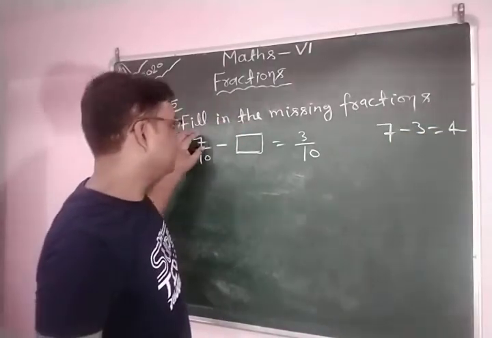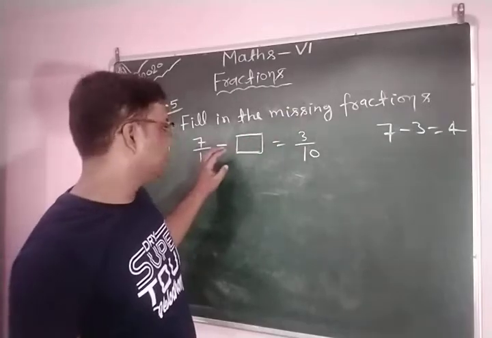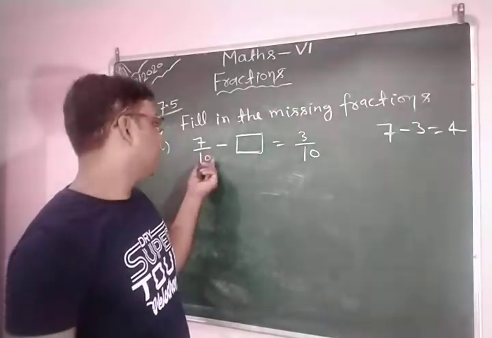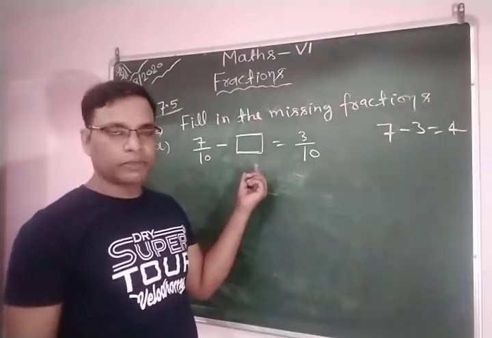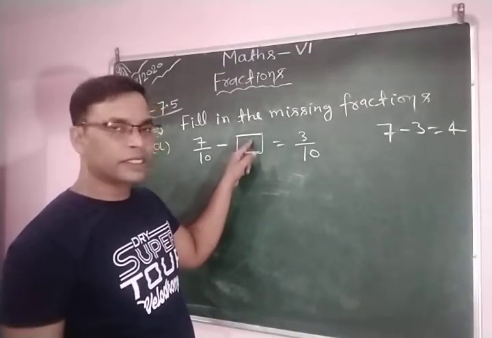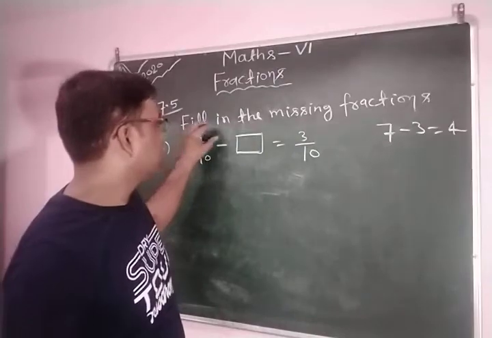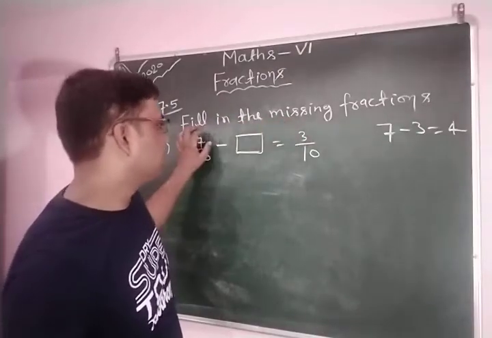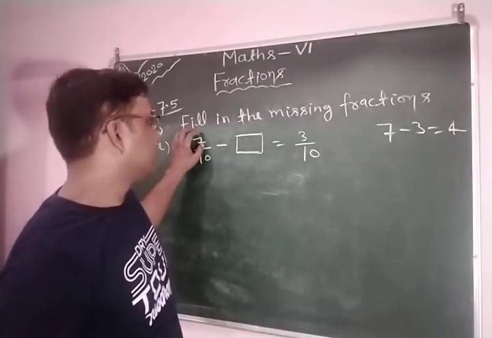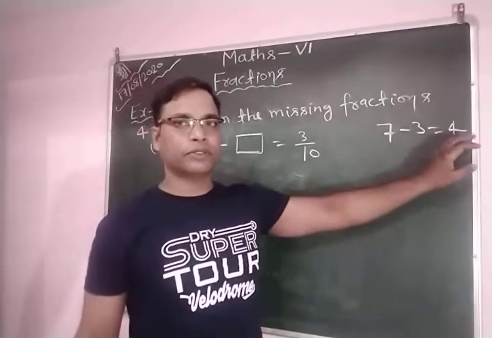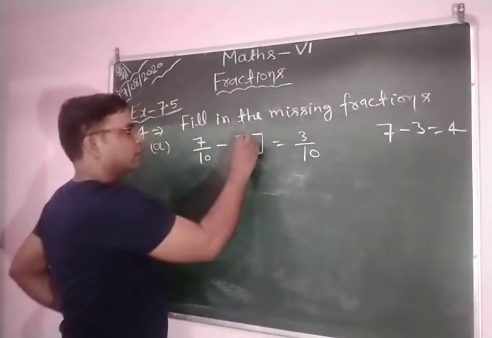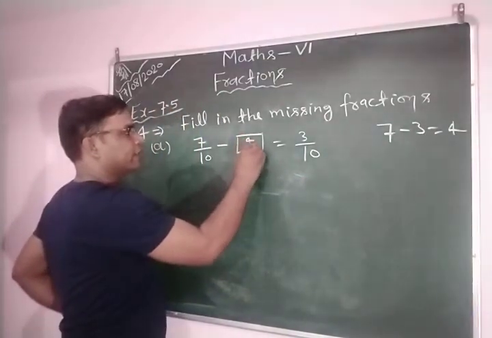This number is 7, this number is 3, and this is subtraction, and both have the same denominator. So to find the fraction, you do 7 minus 3, which is equal to 4. So you can write here 4 by 10.